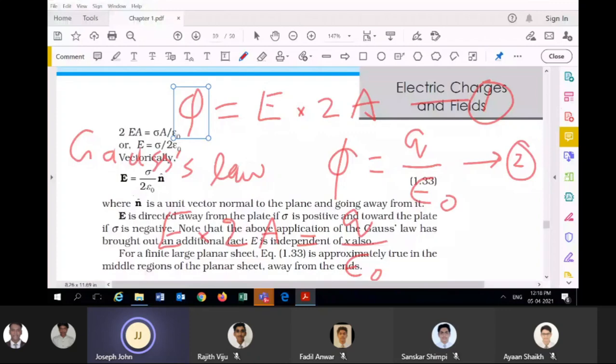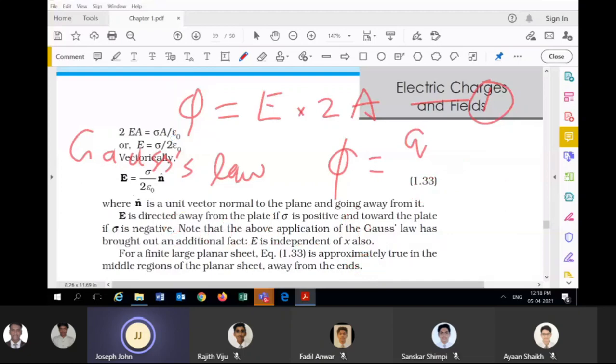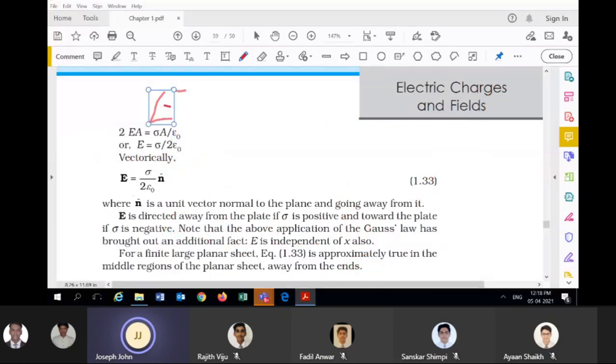Therefore E is equal to Q by what? Epsilon naught 2A.